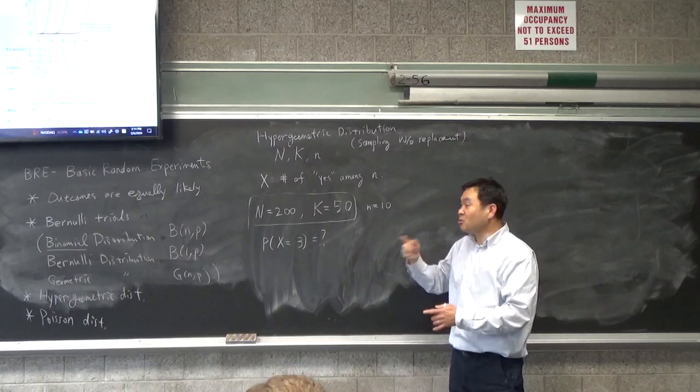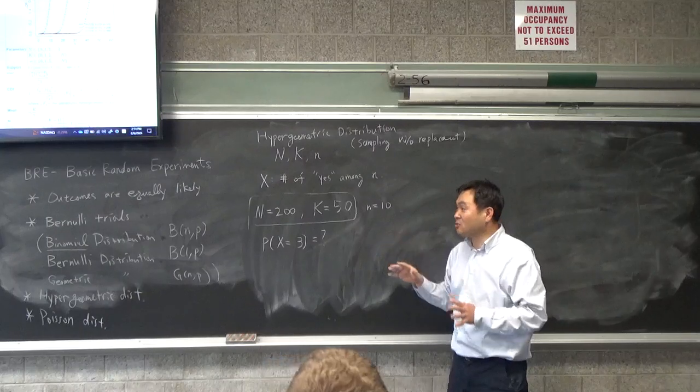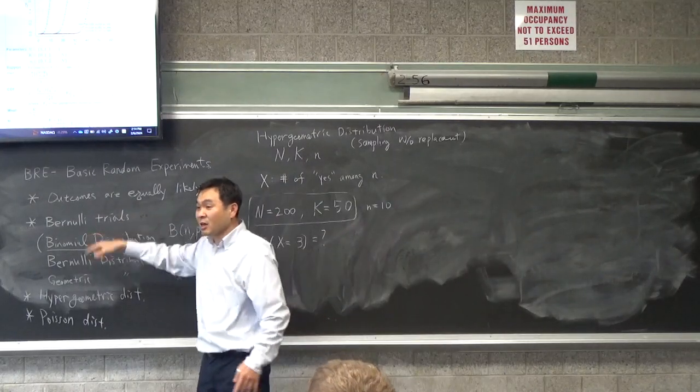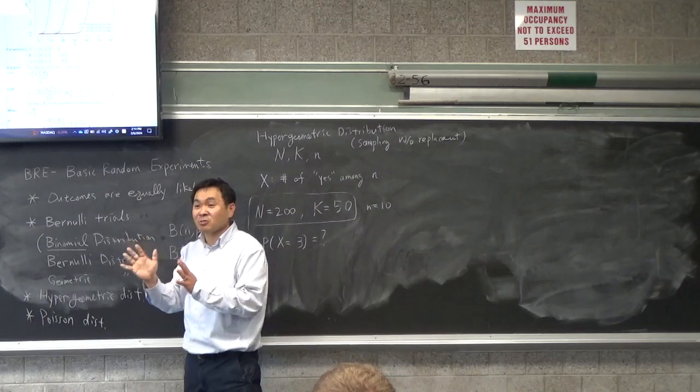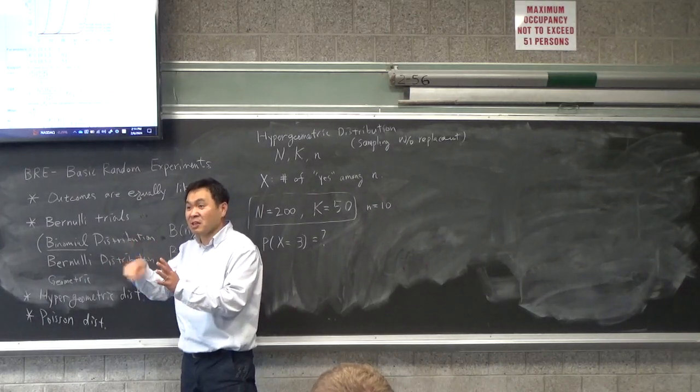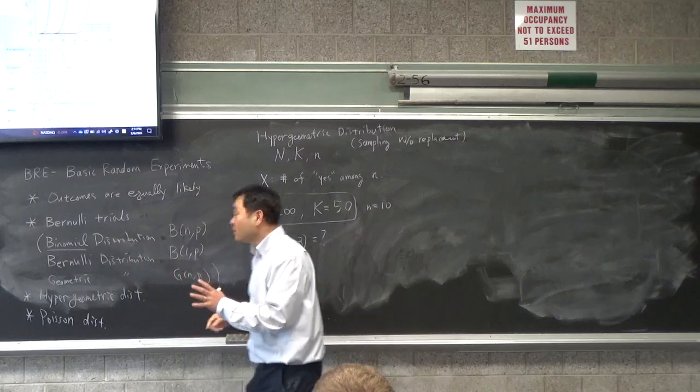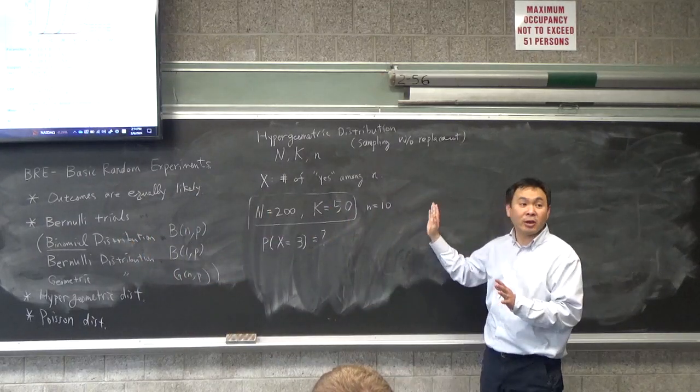If you do that, the configuration never changes, so it becomes a Bernoulli trial, because every time you do the trial the setting doesn't change. You're doing everything under the same condition over and over again. Is that okay so far?